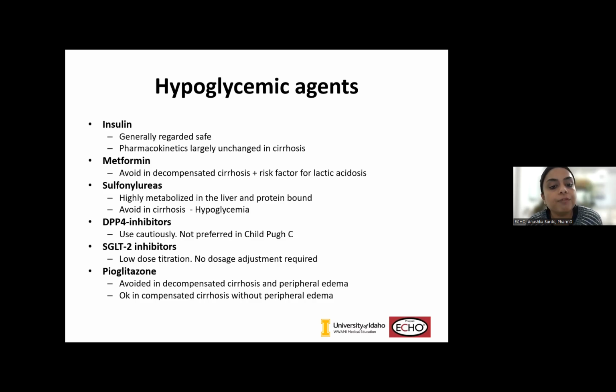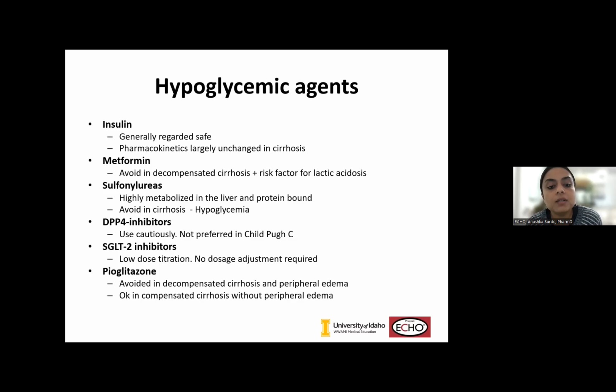And then DPP4 inhibitors, I think you can use them pretty cautiously, however, not preferred in Child-Pugh class C. And then SGLT2 inhibitors, which we actually see quite often in practice, I think they're okay to use as long as you titrate them slowly. And typically, no dosage adjustment is needed with these agents in advanced cirrhosis.